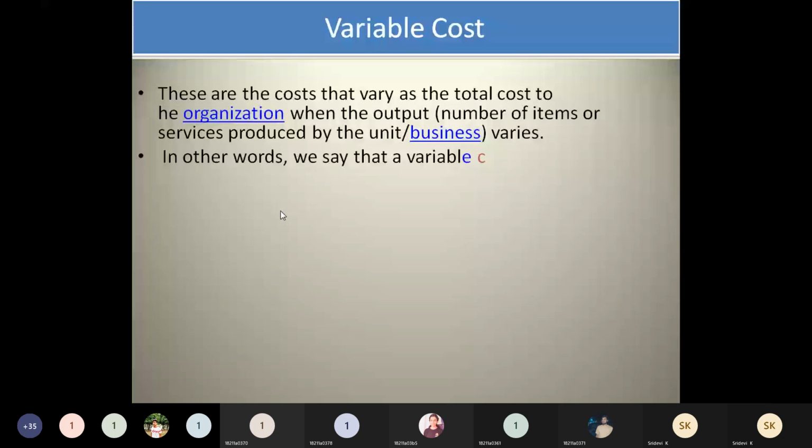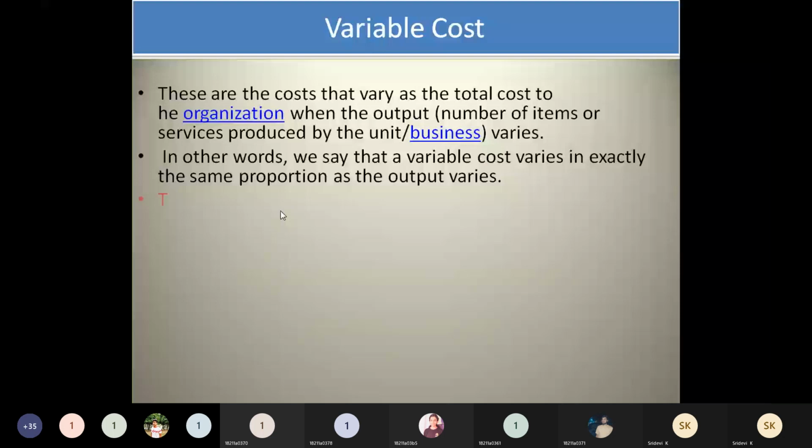You incur the raw material cost when there is output. If there is no production, you are not going to use the raw materials, so there is no variable cost there. If you are going to increase the sales, you will increase the output. If output is increasing, variable cost also increases. Okay.